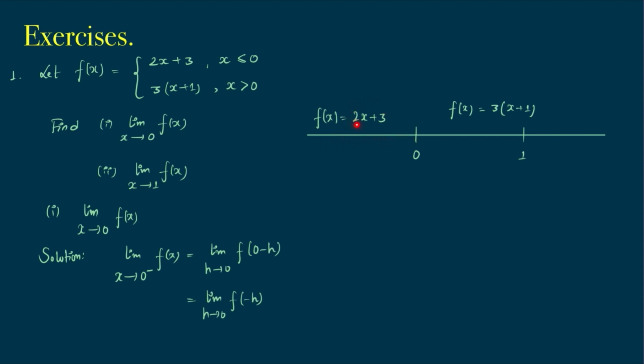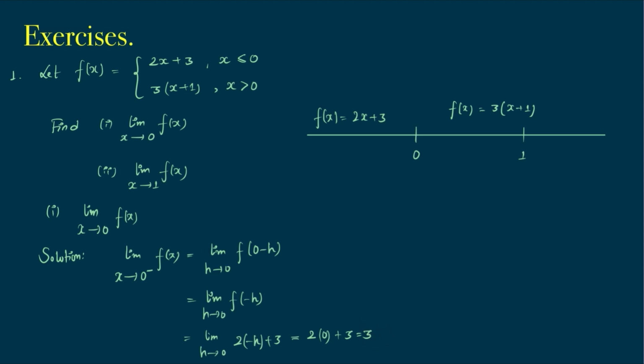The function is 2x plus 3. So I will use this particular function. f(x) means 2x plus 3, then f(minus h) means 2 into minus h plus 3. Now I'll put the value of h as 0, then you will get 2 into 0 plus 3, which will be equal to 3. Now this is my left hand limit.